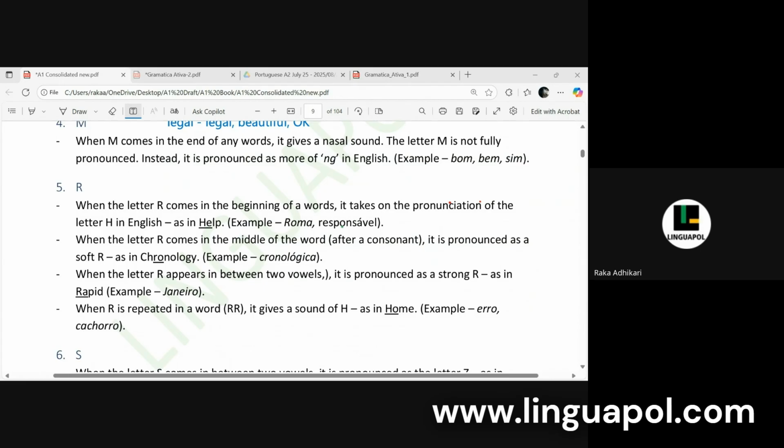Whichever branch we are following, if the word begins with the letter R, then R will never be pronounced as R. It is always H. Roma, responsável. Let's see more words like rosa, rose, rato. Rato means rat. Rápido. Wait, it's an accent.